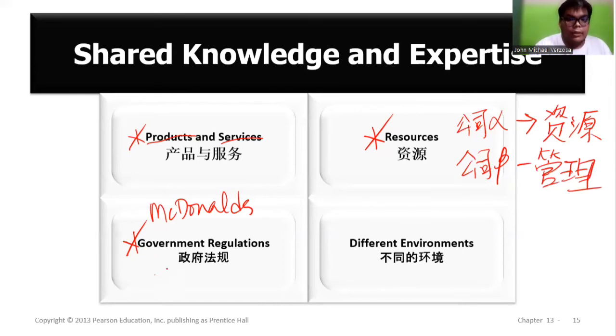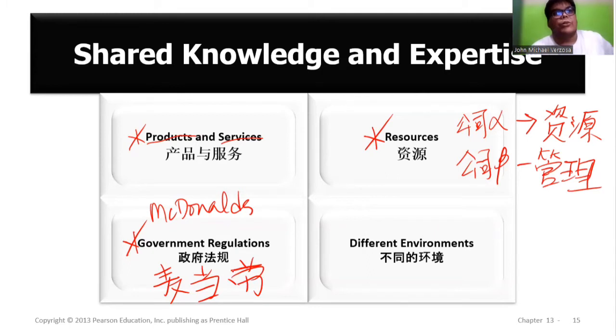One of the companies doing the alliance knows the Chinese government, 政府, 中国的政府. But the other one has the branding of McDonald's or 麦当劳, so to speak. And 最后, someone knows the different environments for each situation or country, 国家.